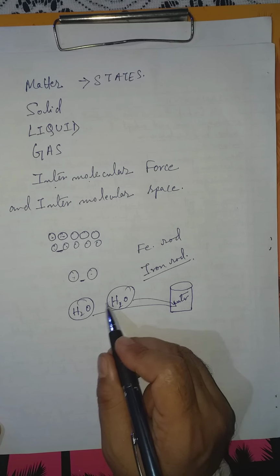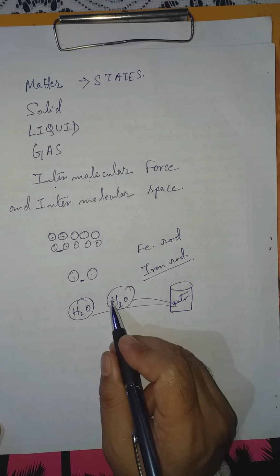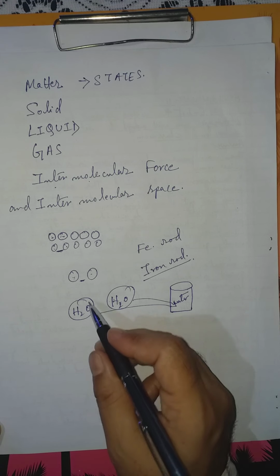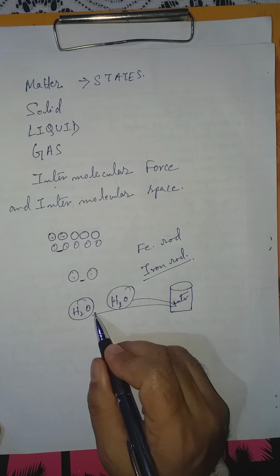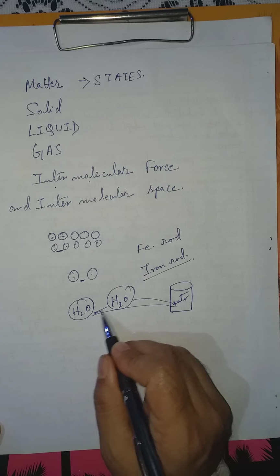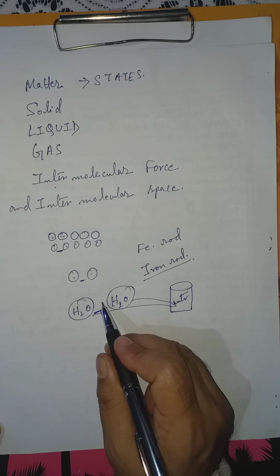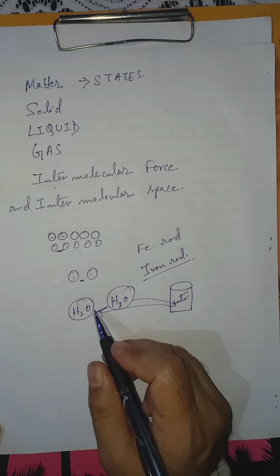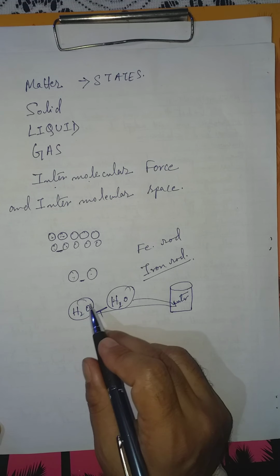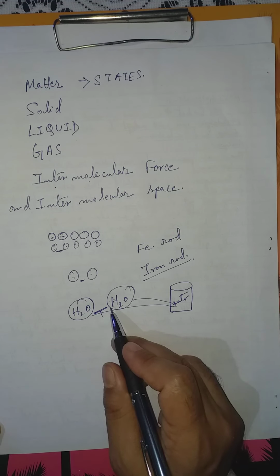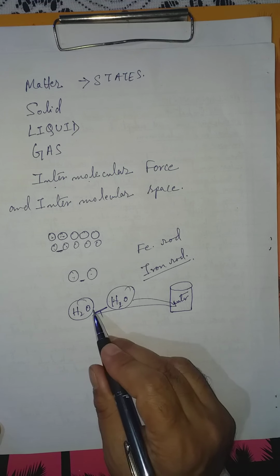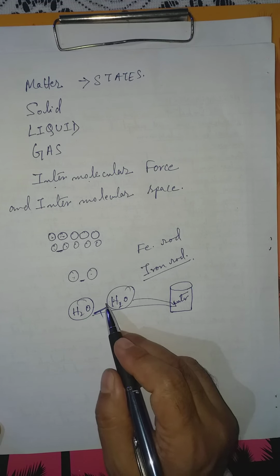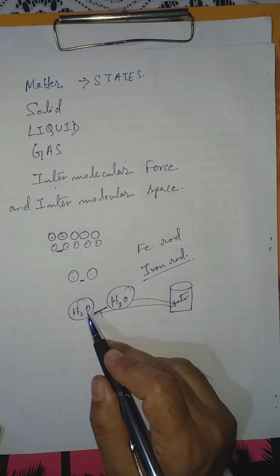The force between these two molecules is less than that of the solid molecules. That is why the space between them is a little more than in solid, and that is why it gives the form of liquid.